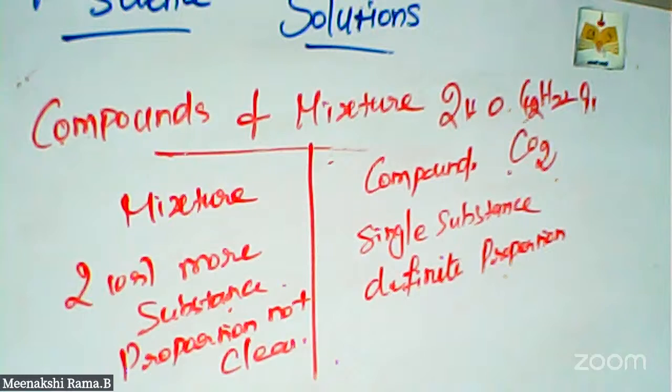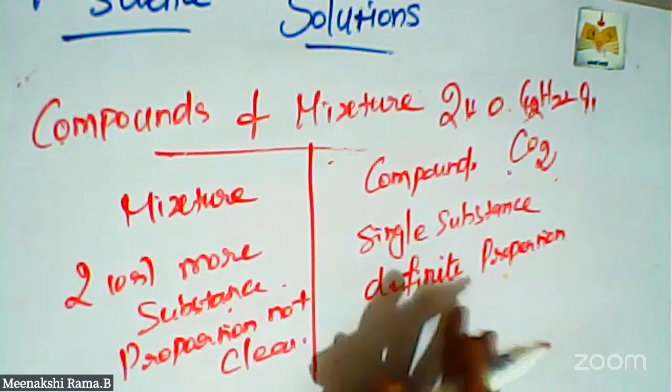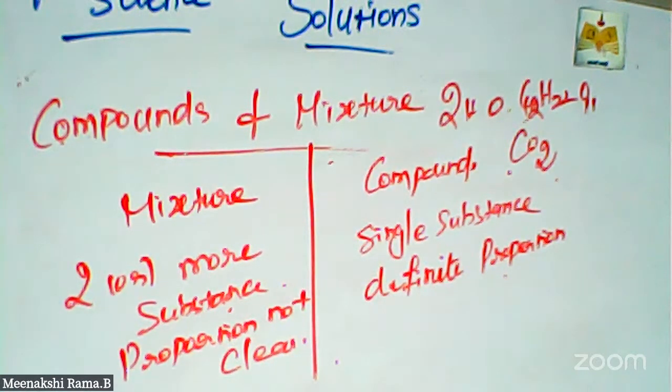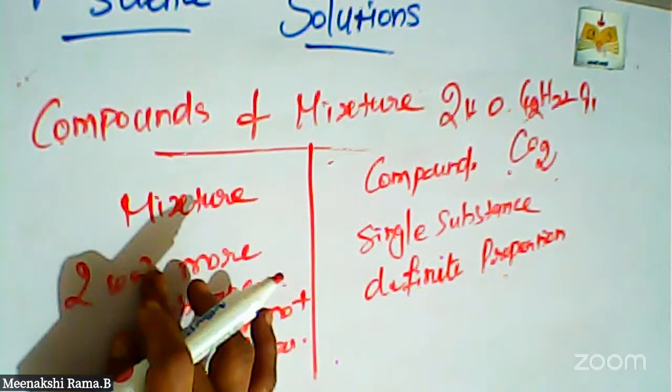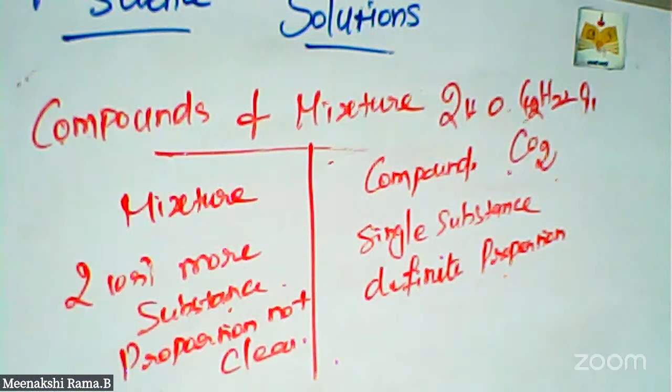The constituents in a mixture show their own properties, but they do not show the properties of the constituents in a compound. So they can easily be separated by physical methods. A mixture means, for example, our snack items, and we can easily separate each and every particle from them.